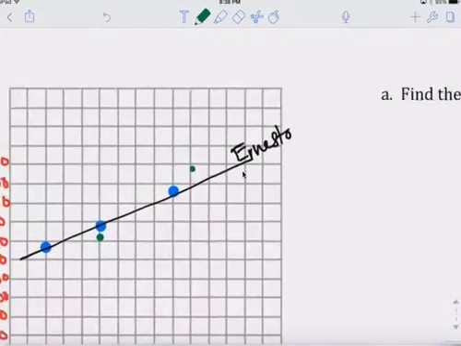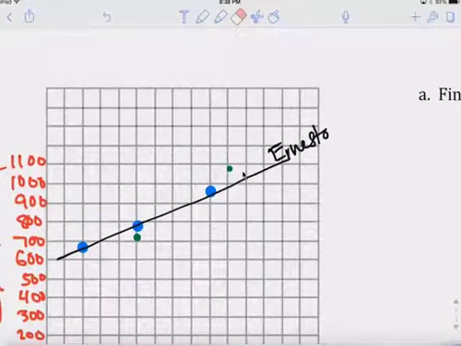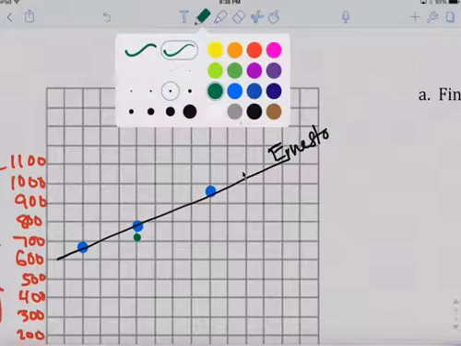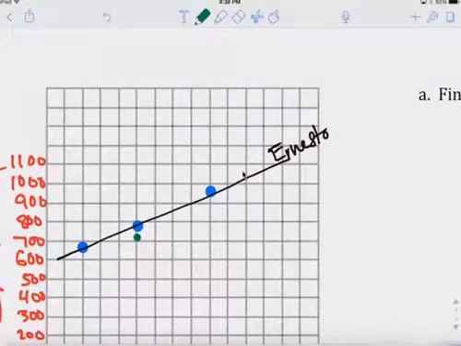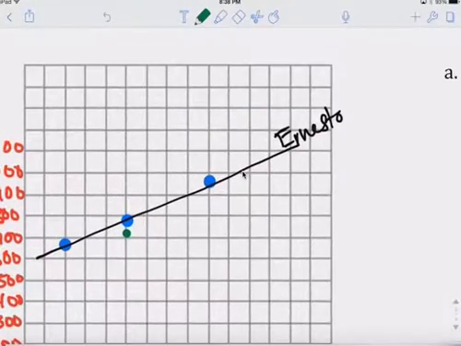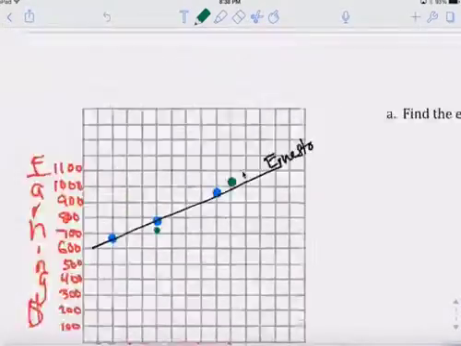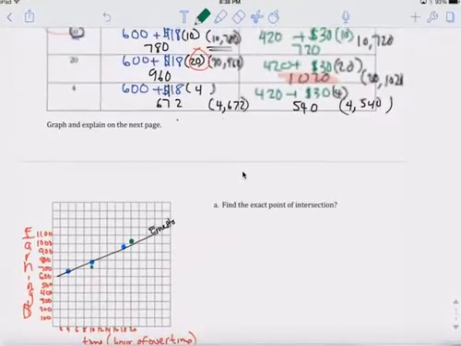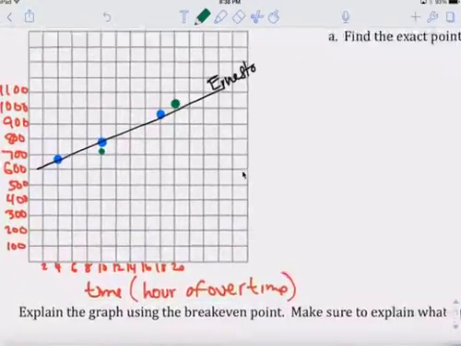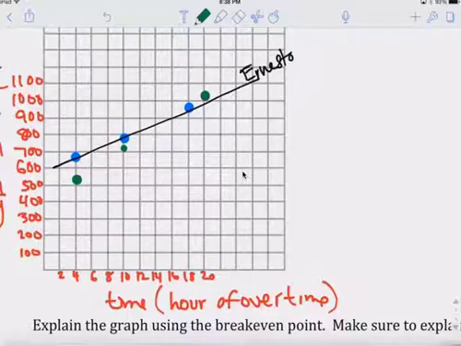Probably right here. These are very close. And then 4, 540.